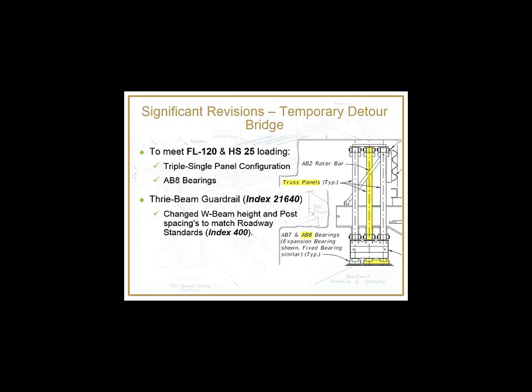So this triple truss, which now just adds an additional truss between the two outer ones, requires a slightly different bearing configuration. This isn't going to really affect designers, but contractors and inspectors will have to be aware of that change.